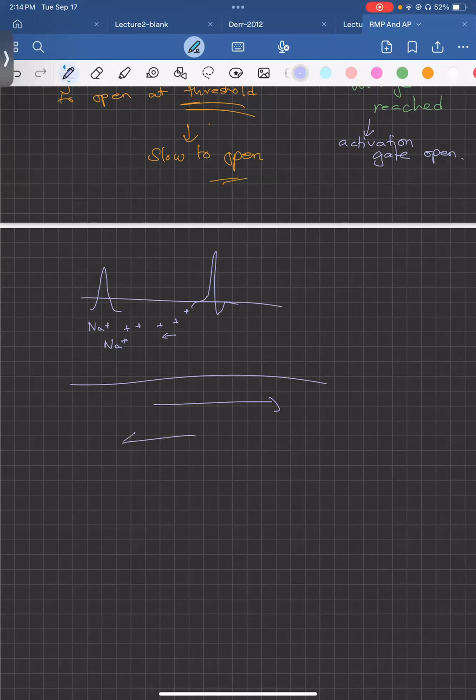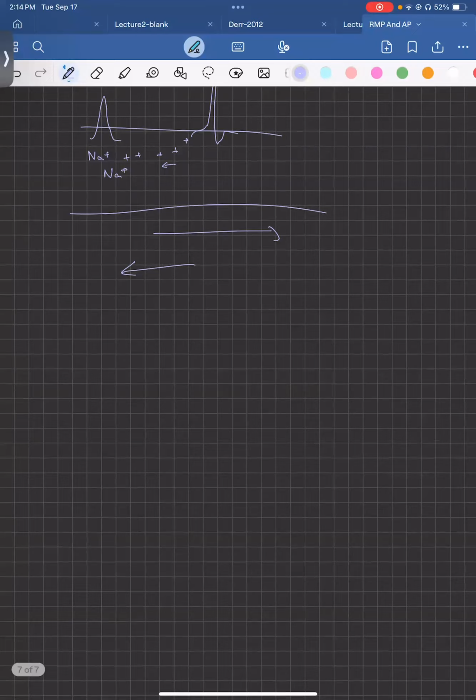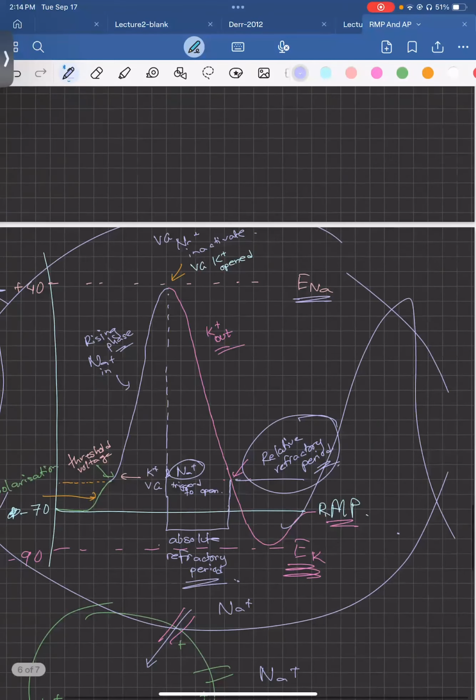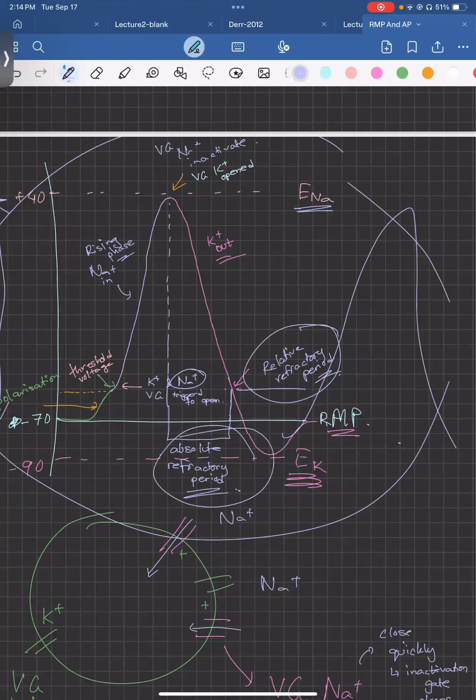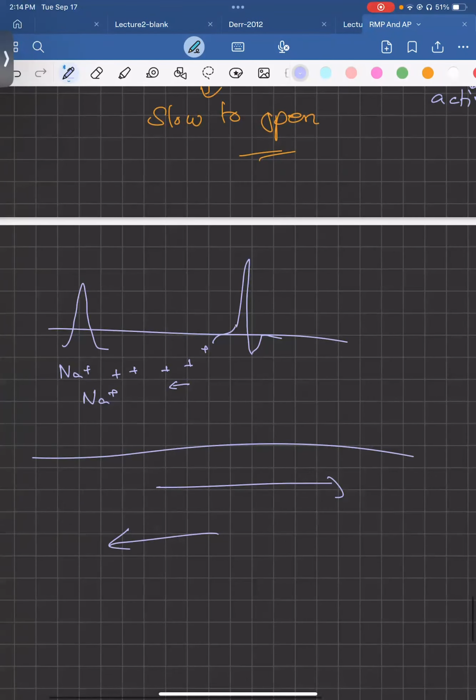Why doesn't it go backwards? Let's talk about that. It has to do with the absolute refractory period. So if we have an action potential here, and positive charges are coming in and going in both directions, remember that over this side, the membrane is in this phase.